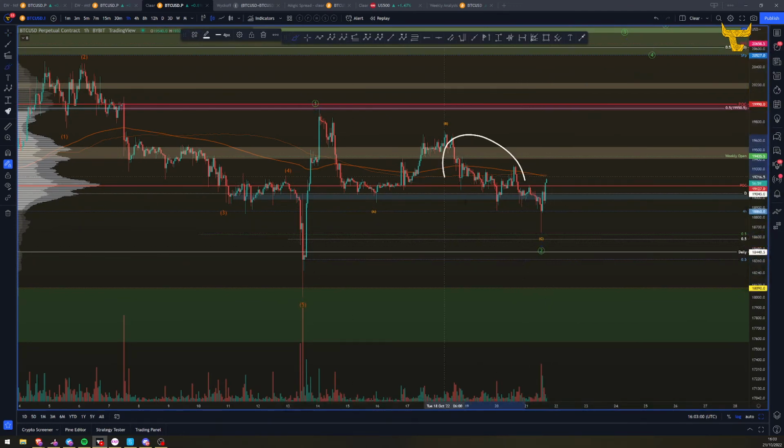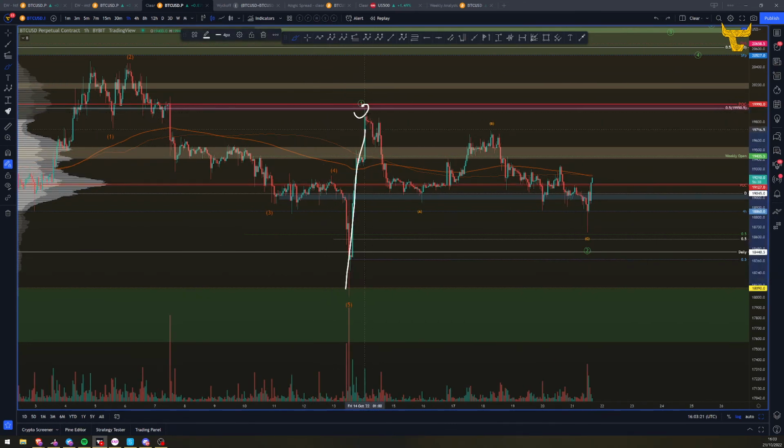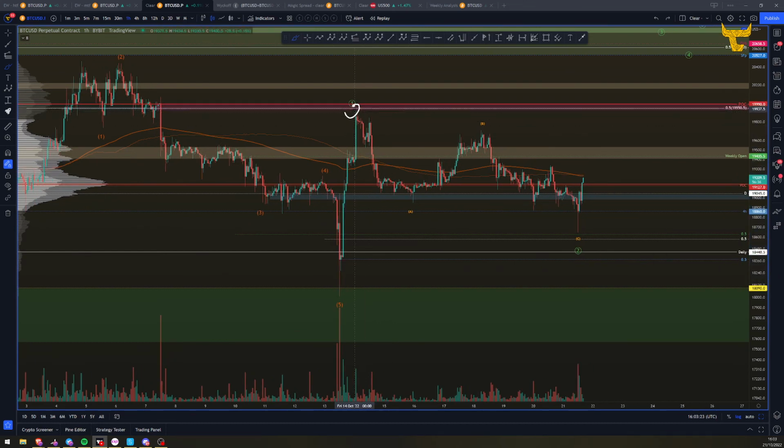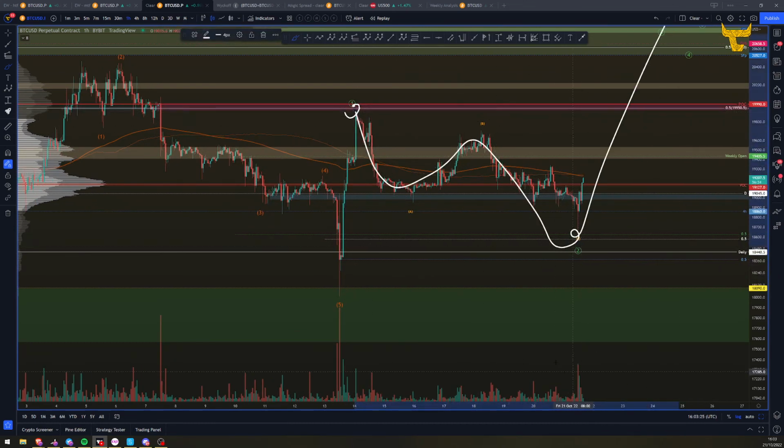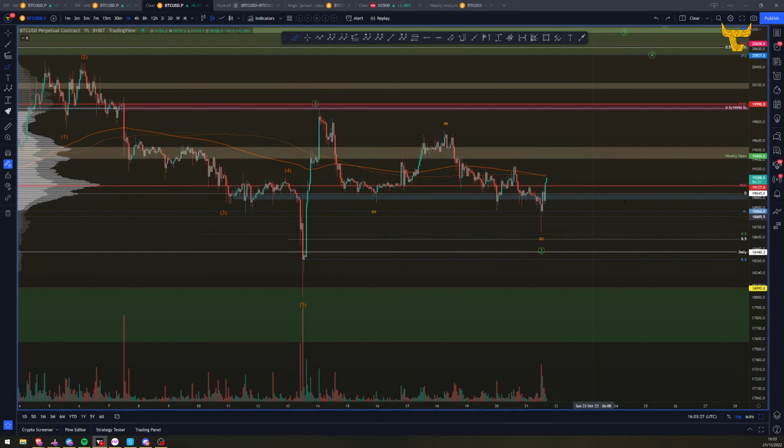I just cannot have a count that finishes with a 3 wave here, so I'm really suspicious about that. And I say we could have here a wave 1, as we have pretty clearly 5 here, and then we are looking to buy the retrace for that.